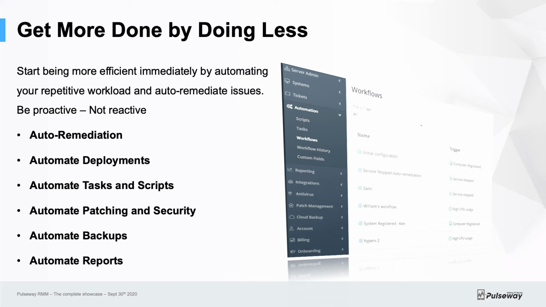The other is to be able to auto remediate issues, that is, to identify a path to fix a problem in advance before it happens, so that when it does happen, it can be fixed automatically. That way users barely notice it happen.